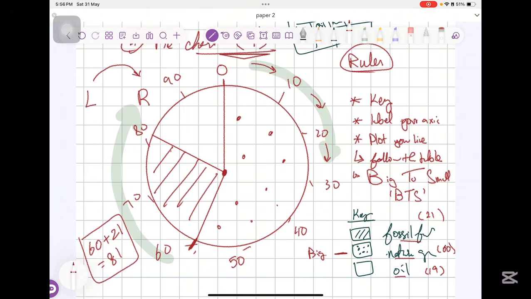What you do not want to do is follow the key and then label inside the pie, saying that this is natural gas, this is fossil fuels. No, don't do this. It's not accepted. You're defying the point of the key. The key is there to not make it messy and to follow the data without making it messy.